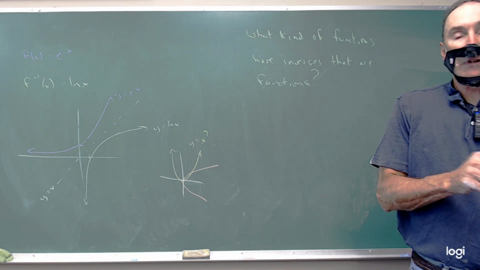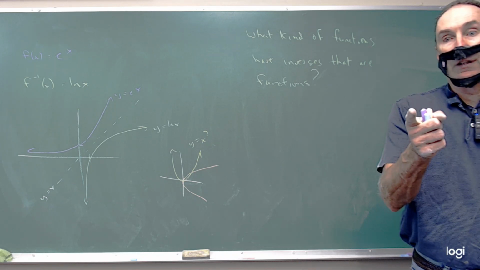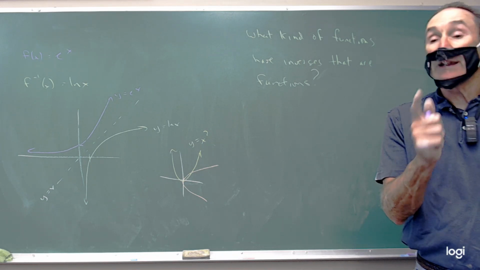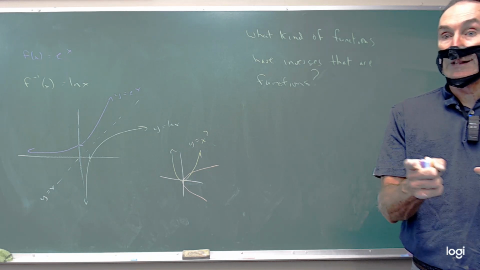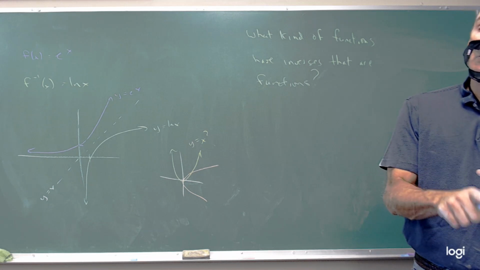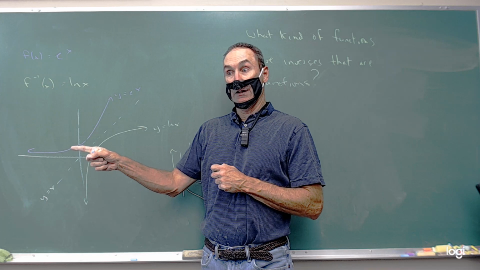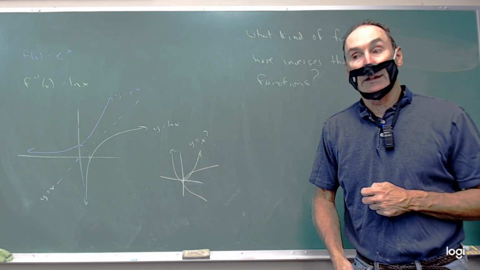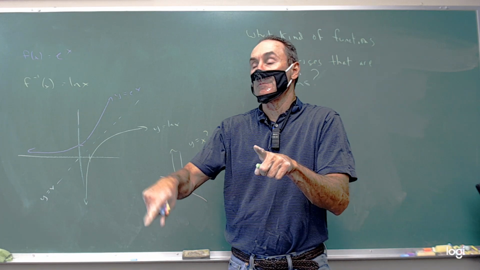But what special kinds of functions? I think what you're saying is, actually, well, an odd function is going to have an inverse. That is true, that is a function. But there are other functions that aren't odd, right? e to the x is not odd, but it has an inverse that is a function. So there's something other difference behind that too.